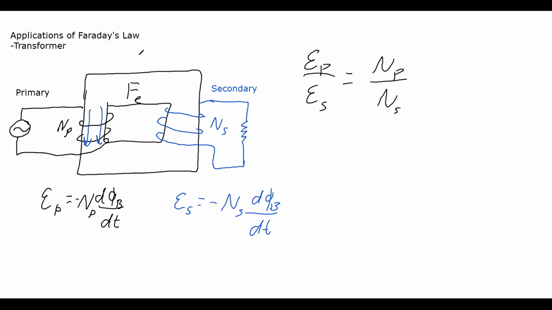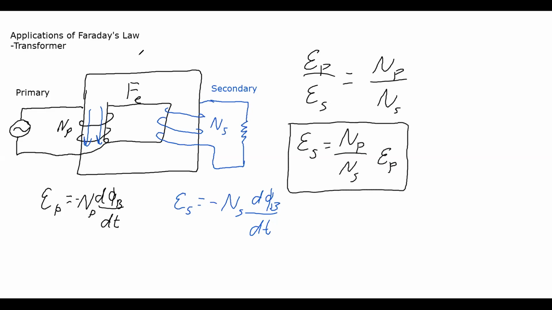Or maybe rearranging, let me solve for the secondary coil. If I solve for the voltage in the secondary coil, I get NP over NS times EP. What that result tells me is that the voltage created in the secondary circuit is going to depend on the number of coils.